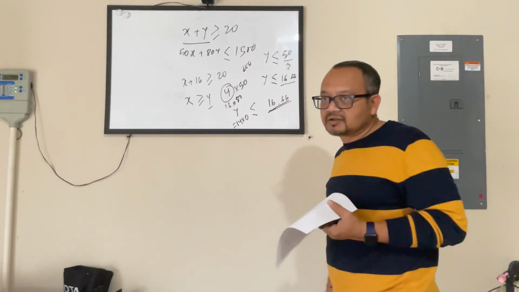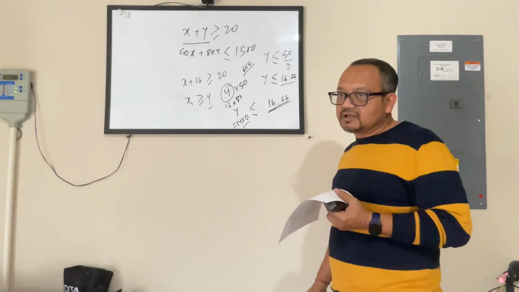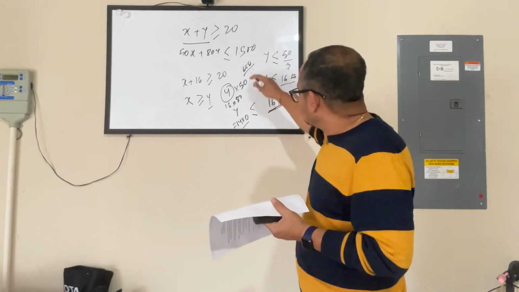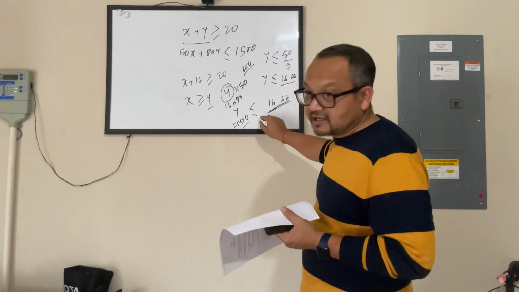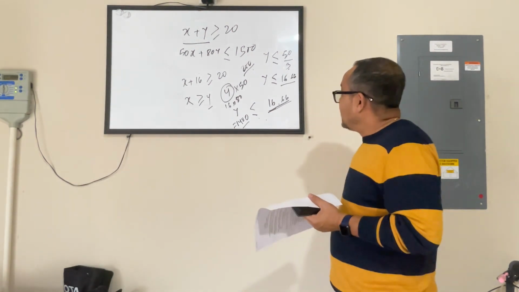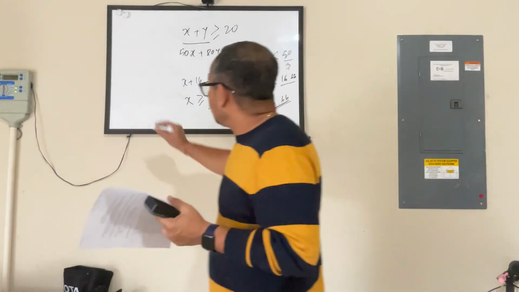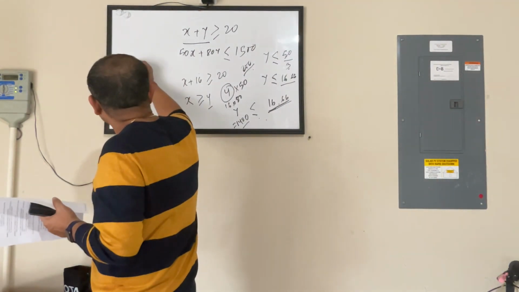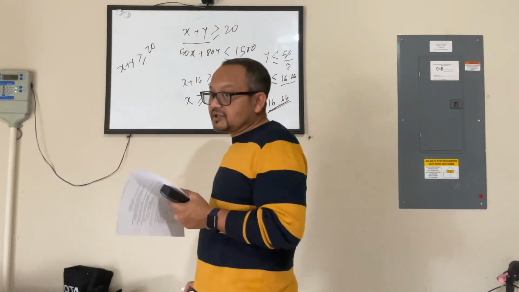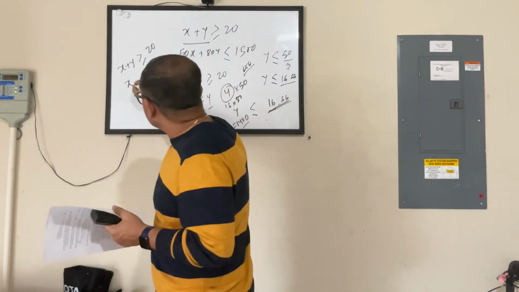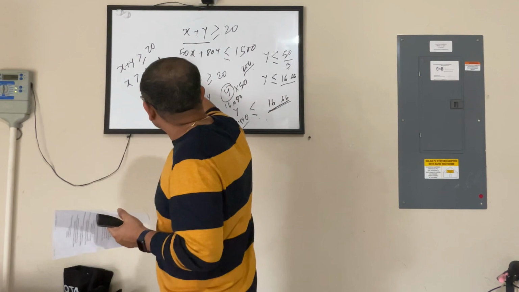If you add this and this together, it is not meeting this criteria now. The reason being, we have made a mistake. When we were doing this calculation, x plus y is greater than or equal to 20, what we did is x has to be greater than or equal to 20 minus y.